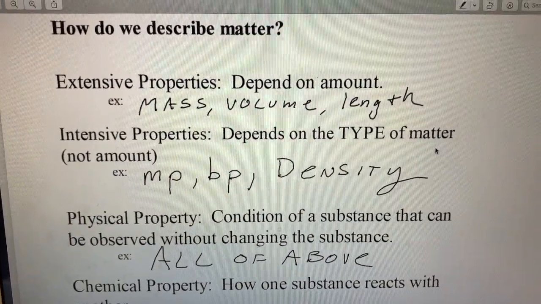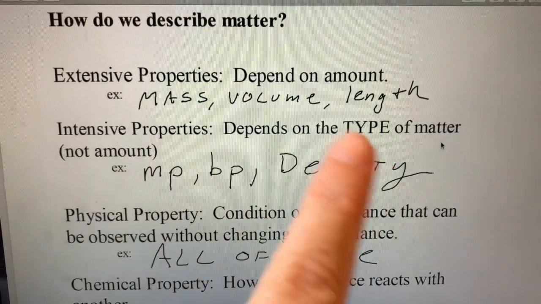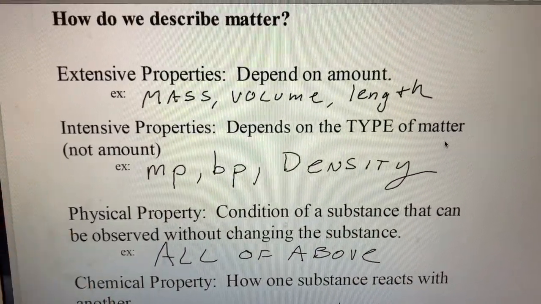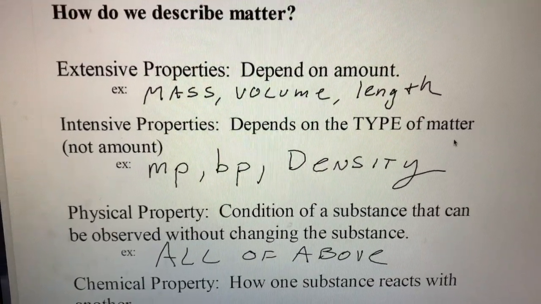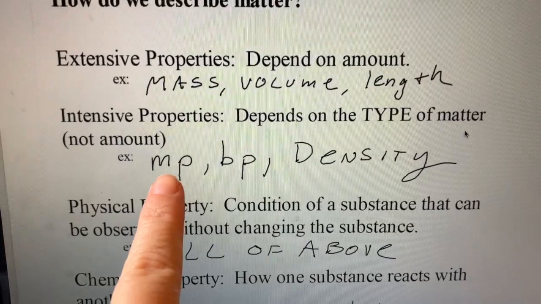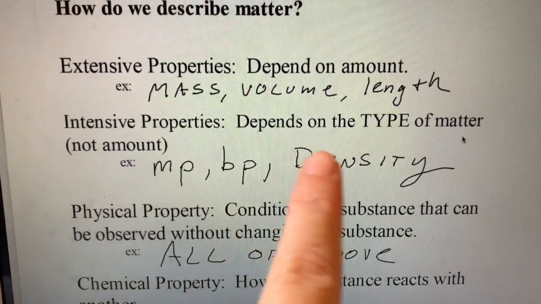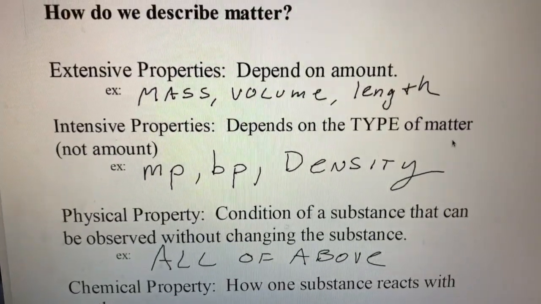That depends on how much you have. An intensive property depends on the type of matter you're dealing with, not how much. This property is going to stay the same regardless of how much you have. Things like melting point, boiling point, and density are all intensive properties.